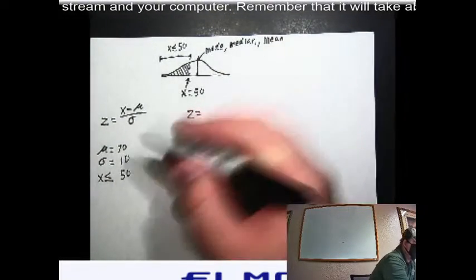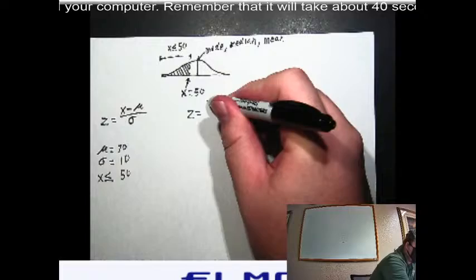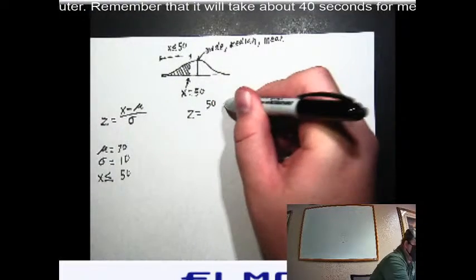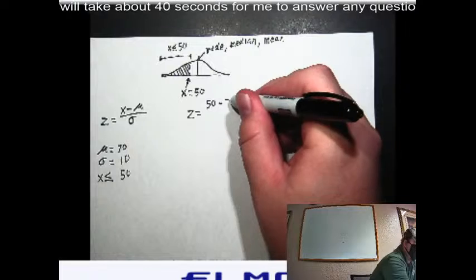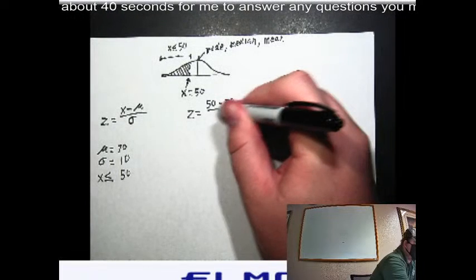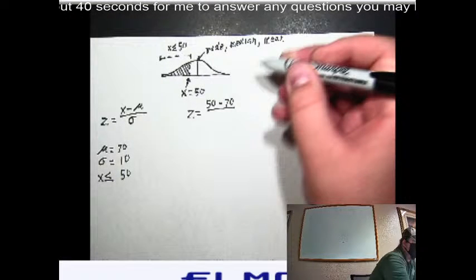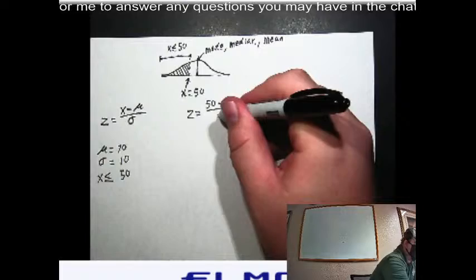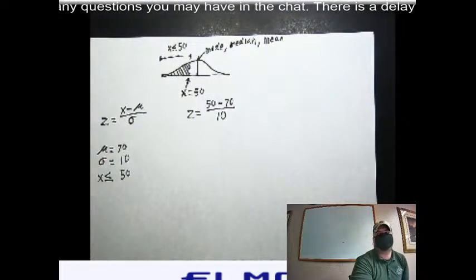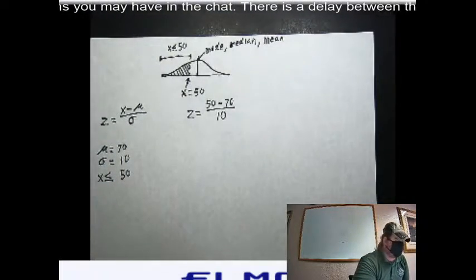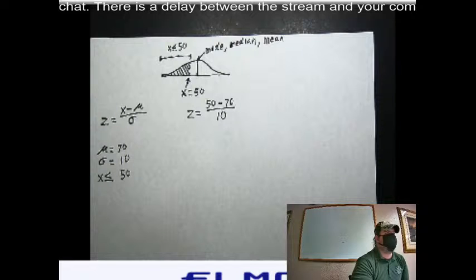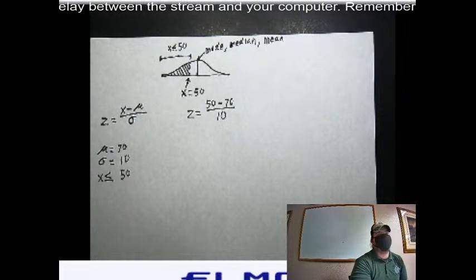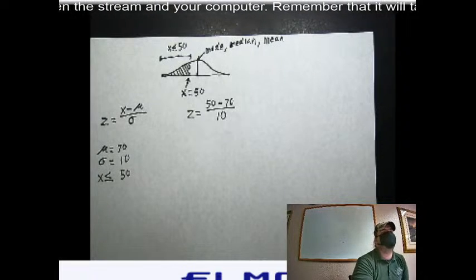So z equals x, which is 50, minus mu, the mean, which is 70, over sigma, the standard deviation, which is 10. So now we just need to follow through with our order of operations and see what we get. Of course, the first thing we need to do is figure out that top part.